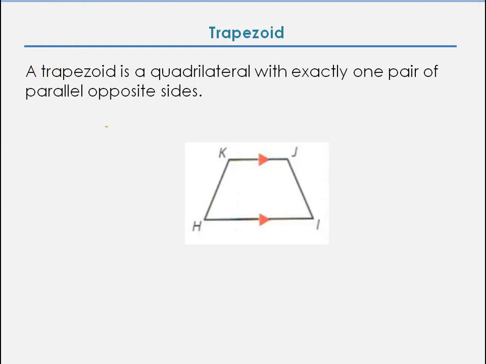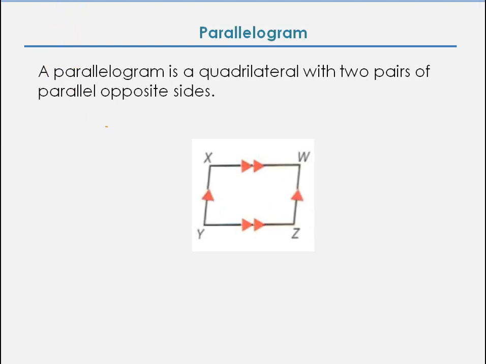Now number 6 says, list any classification that describes each quad, then underline the most specific classification if more than one description applies. And you're given 4 options, all the options that we've gone over. You have the kite, parallelogram, rectangle, rhombus, square, or trapezoid.